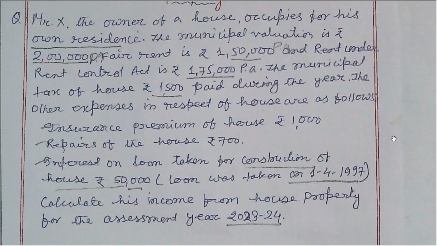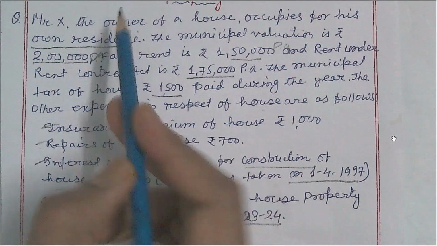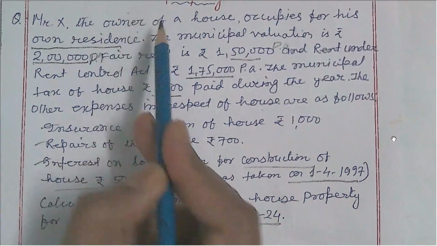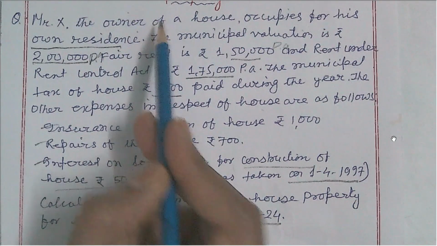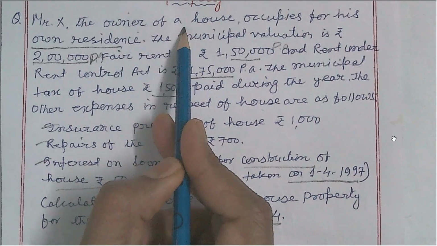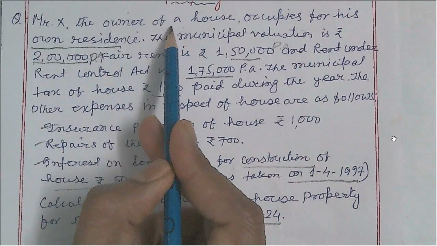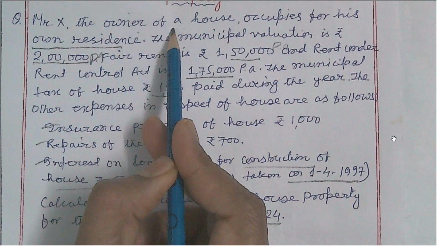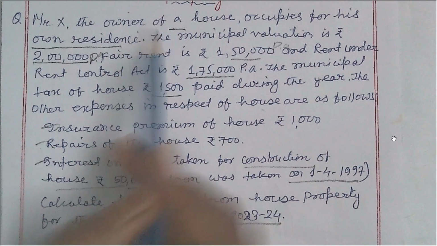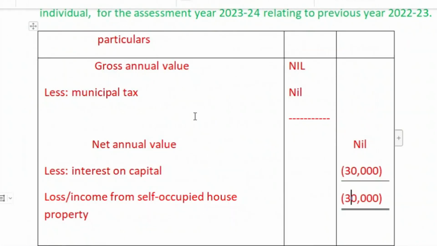This question is similar to the let out house. The only difference is that in the case of let out, in the questions we get the monthly rent, the rent for which the house is let out. Because this house is not let out, it is used by the owner for his own residential purposes, the monthly rent question does not arise.